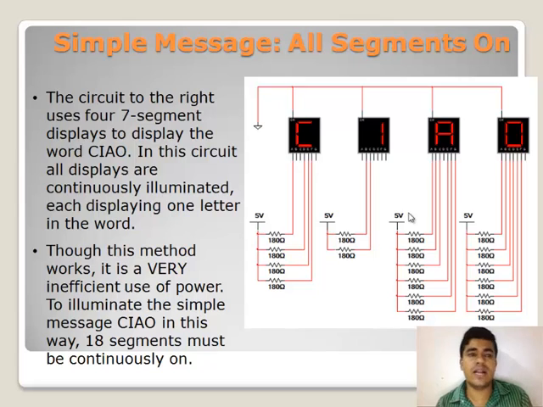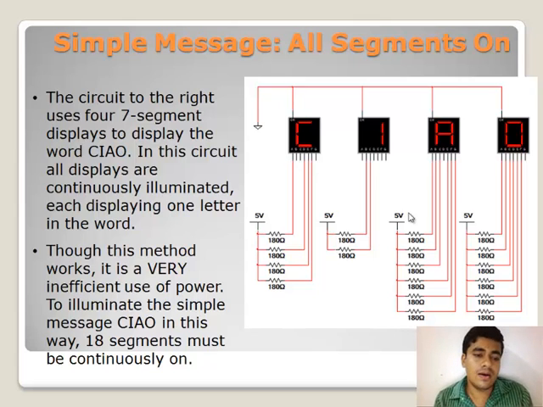Next we will see an example of previous systems, where we want to send one simple message to several 7 segment displays. The circuit uses 4 7 segment displays to display the word CIAO. In this circuit, all displays are continuously illuminated, each displaying one letter in the word: first C, then I, then A, then O. It works continuously, so to the human eye it is easily seen without any fluctuation.